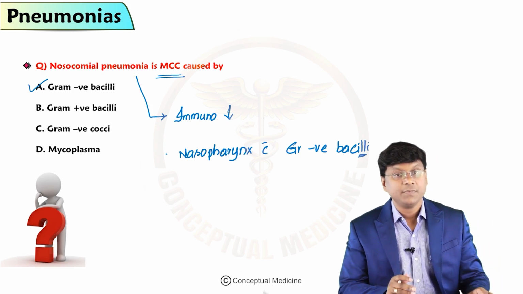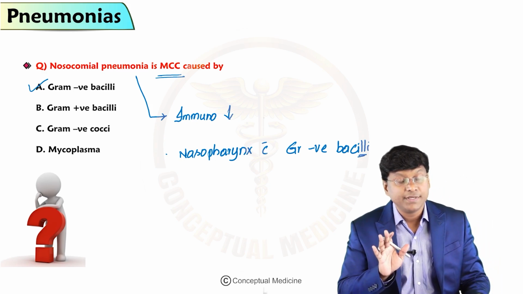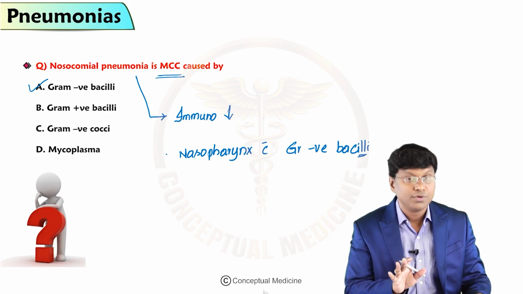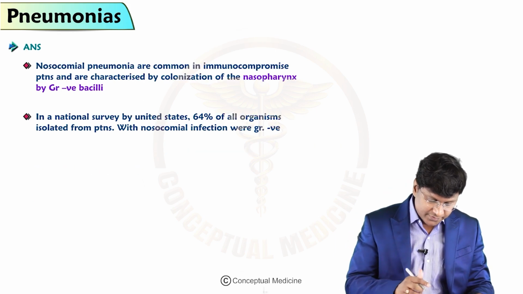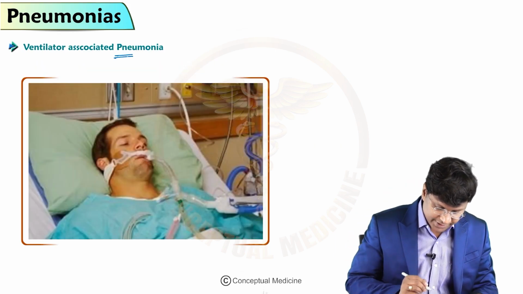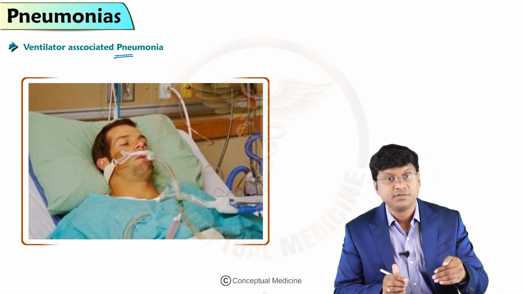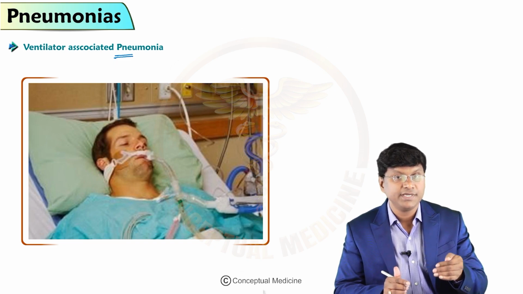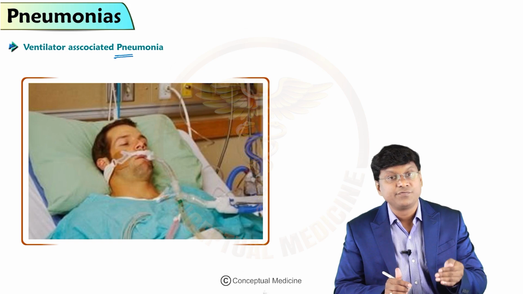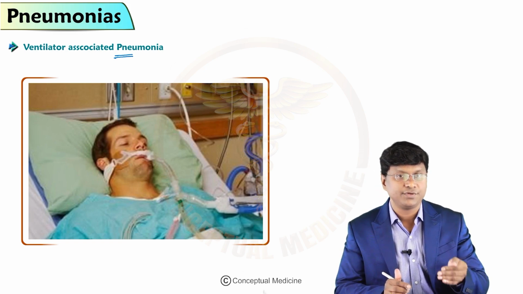Okay, next. Another form of nosocomial pneumonia is ventilator-associated pneumonia. What is the definition? It is the development of pneumonia in an individual after endotracheal intubation for more than 48 to 72 hours.